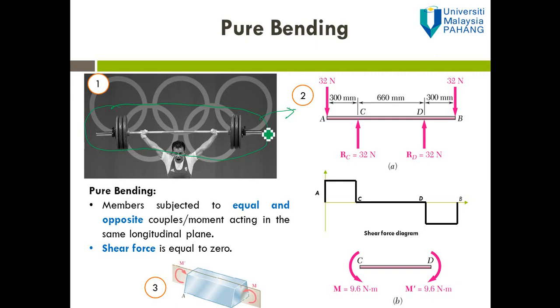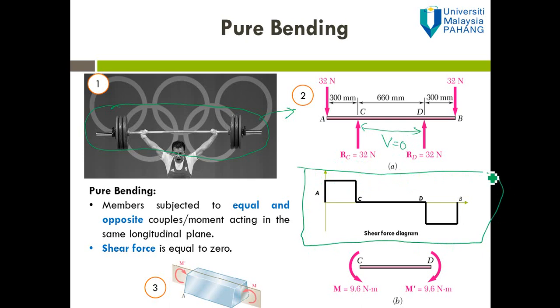If we analyze the barbell, we find that the shear force at portion CD, which is here, is equal to 0. Shear force V equals 0. We can see from this diagram, this is the shear force diagram.